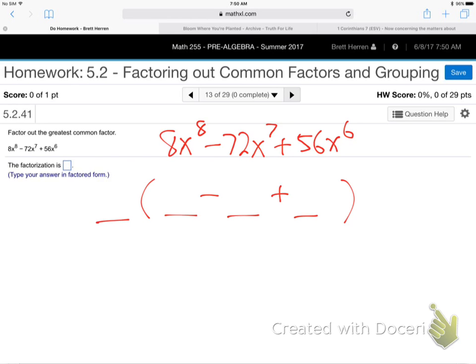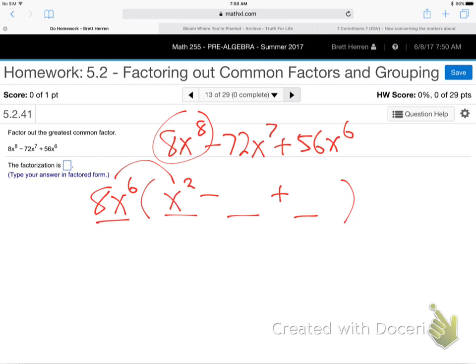Okay, so what goes into 8, 72, and 56? 8. And what's the lowest power up there? 6. Good so far? All right. Now, what's going to multiply 8x to the 6 times what will go back to 8x to the 8th? x2, right?